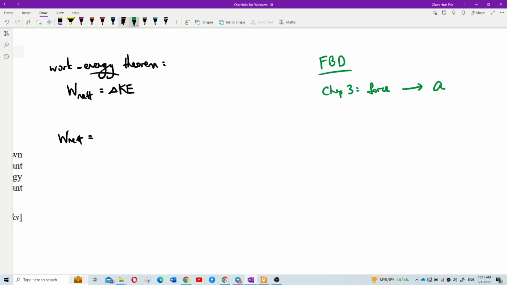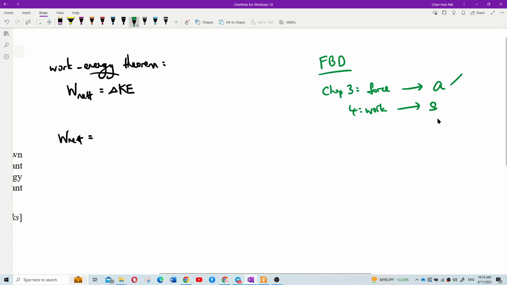If you want to find the work done, in chapter 4, you must draw displacement, because I need to find the angle theta.